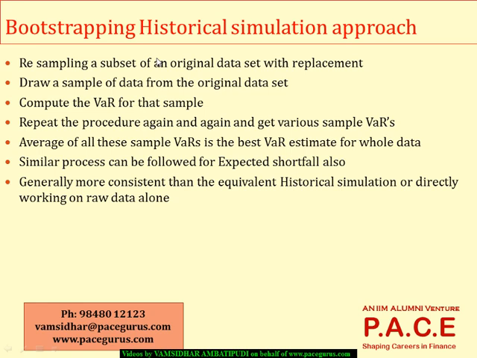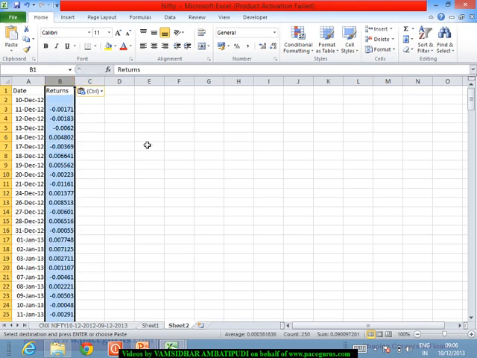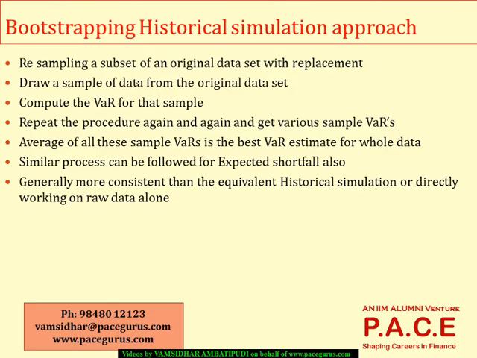So when I am looking at bootstrapping in that, from that list of possible values, on a random basis I will pull out some number of elements. So I am drawing a sample of data from the original data set and computing the VaR for that sample.